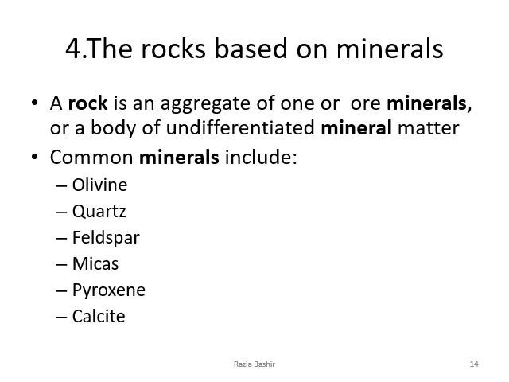More than 2,300 different types of minerals have been identified in various rocks. Luckily, many are rare and the common rocks are made up of a relatively small number of minerals. These include olivine, quartz, feldspar, micas, pyroxene, and calcite.